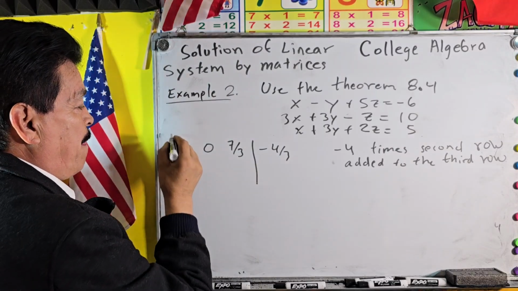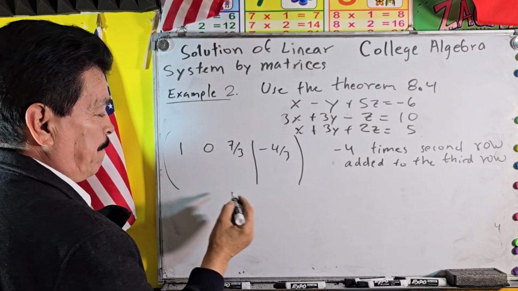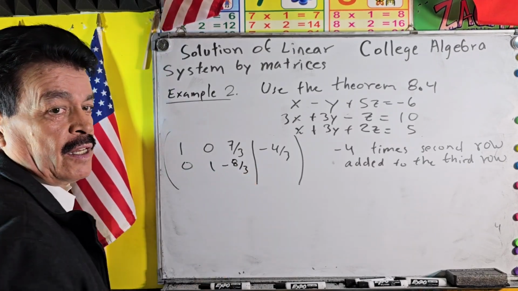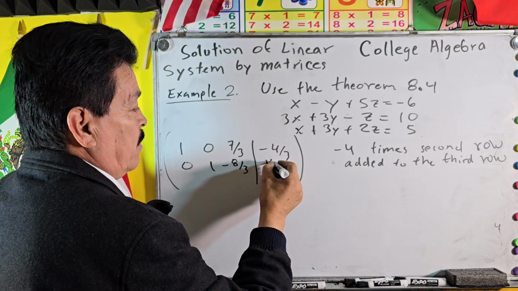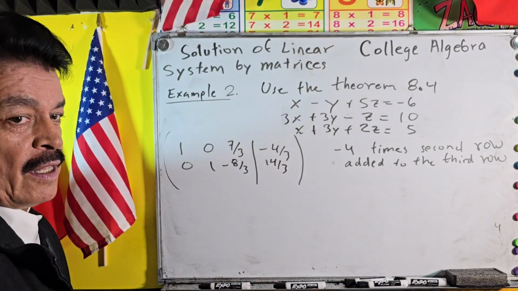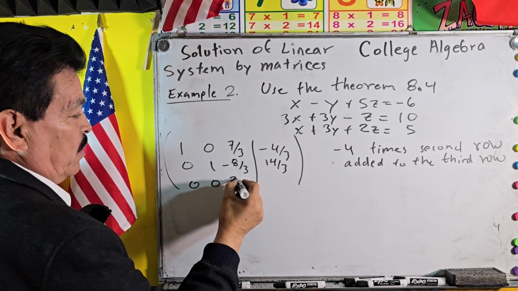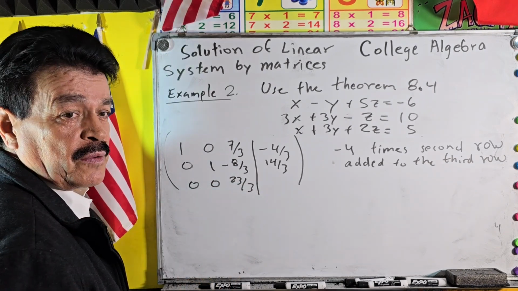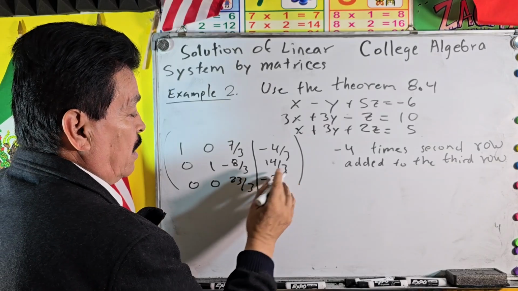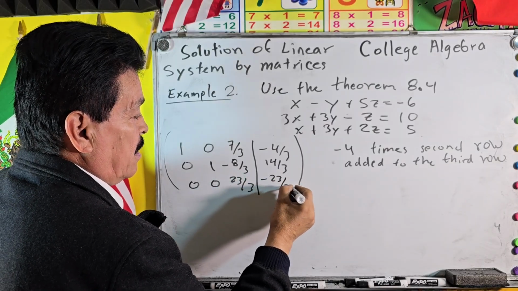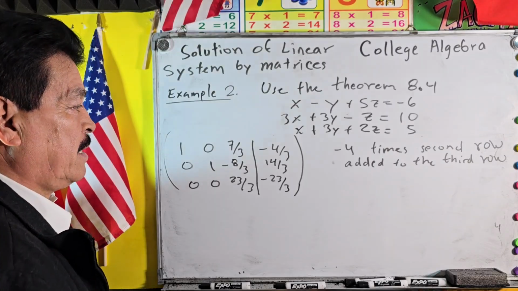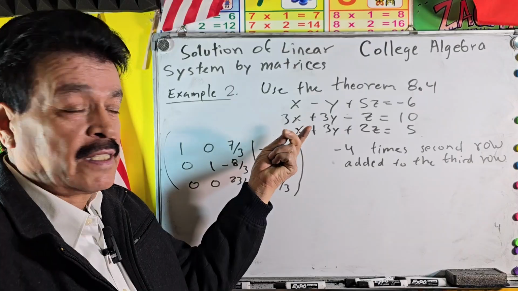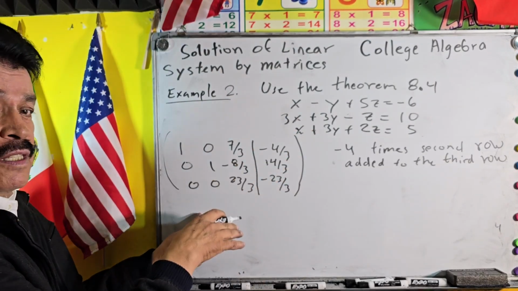Okay, 0 1 -8 third, 14 third, 0 0 23 here, now 23 third, -20 23 third. Okay, that is, we get it when we do this step starting from the last before this.